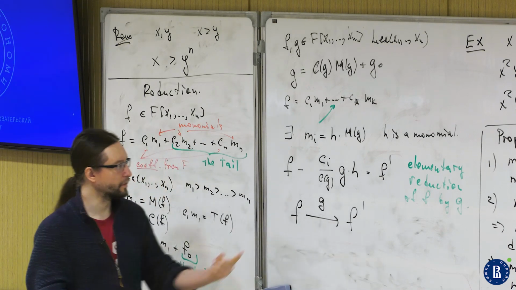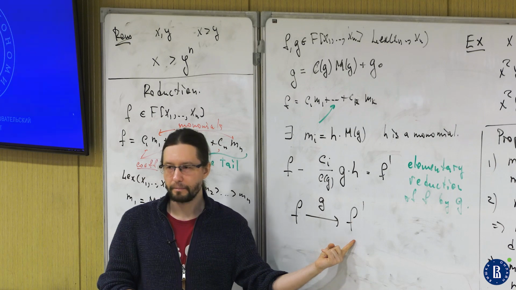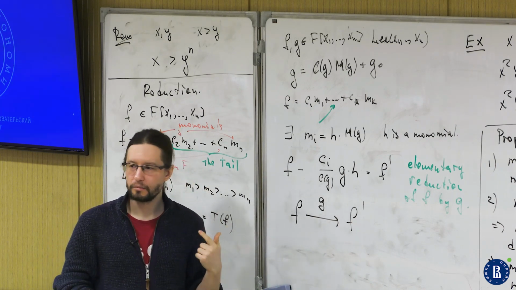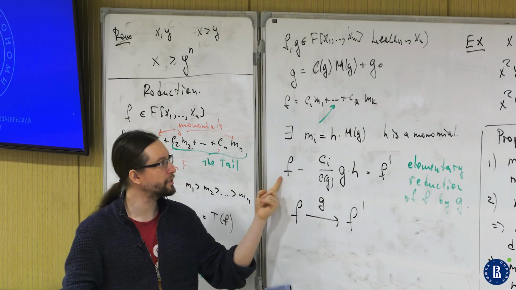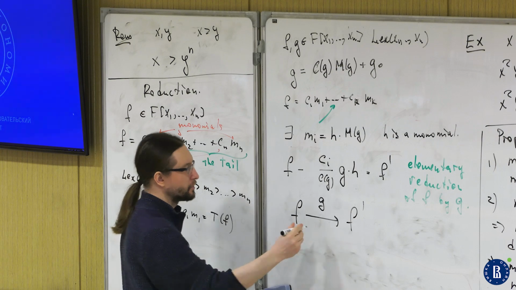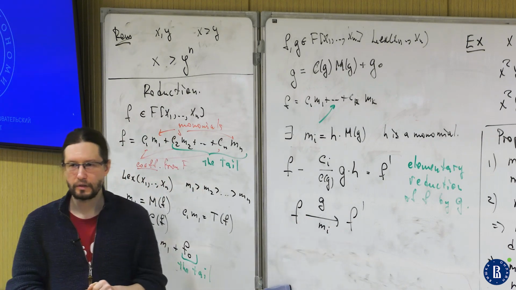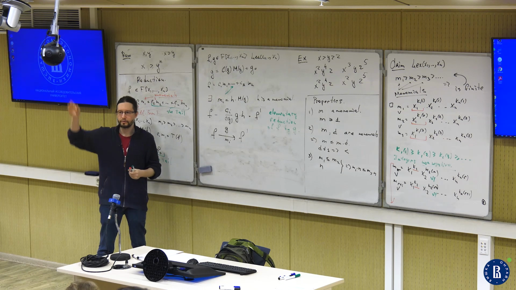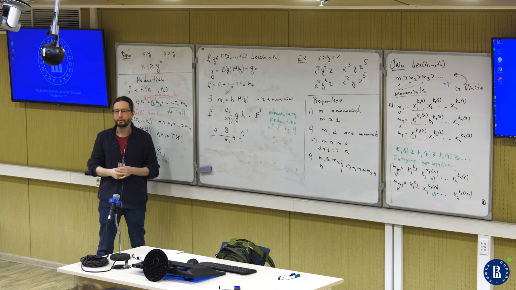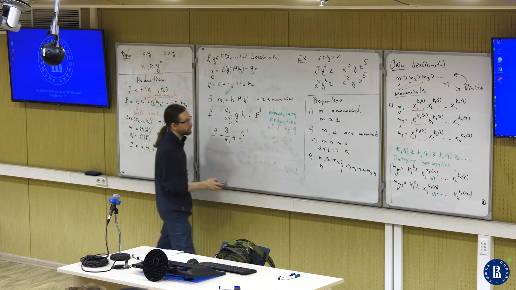We reduce f using g, and the result is f prime. Now, if we want to specify which monomial was reduced, which monomial here was killed, we can write this monomial down here, mi. Just in case, who was able to follow the procedure of the reduction? Who thinks that we require an example? Okay, let me show you an example of how it works.